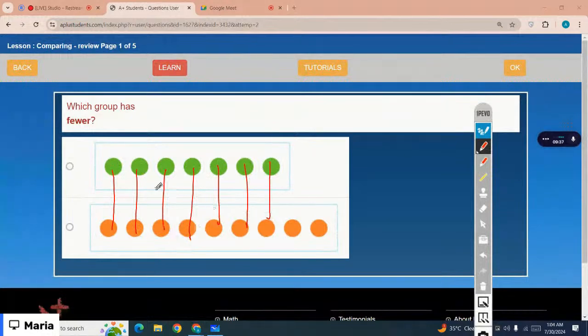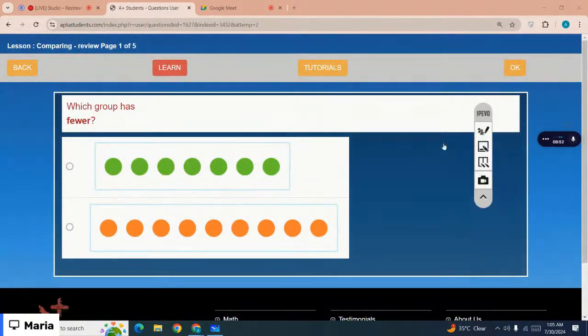So you can see when we are matching the dots, we are still left with two more in the orange group, right? But we don't have more in the green group, right? That means the green has the fewer and orange has more. So the correct option is green because we have to see which group has fewer, right?